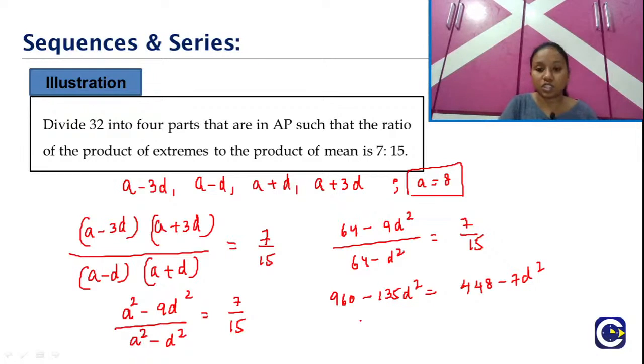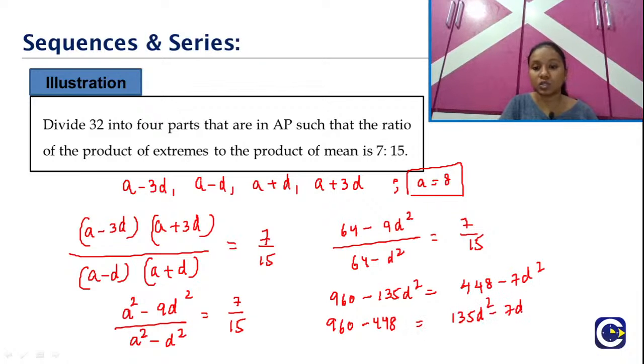So let's rearrange the terms here. So 960 minus 448 to one side, and 135 D square minus 7 D square to the other side. So now 960 minus 448 is 512, and 135 minus 7 is 128 D square.